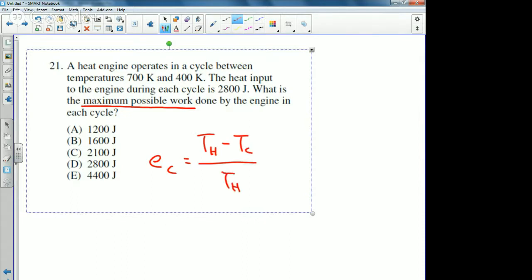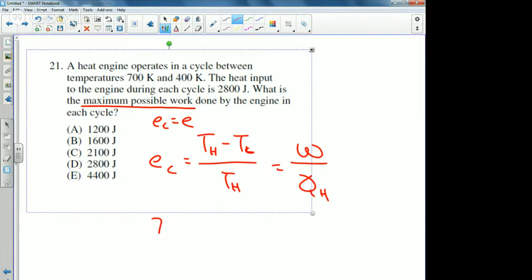Hot minus cold over hot. This is still thermodynamics, yes. But they're saying that this heat engine is an ideal engine. And because it is an ideal engine, this Carnot efficiency is the same thing as the real efficiency. So we can set this equal to work over QH.